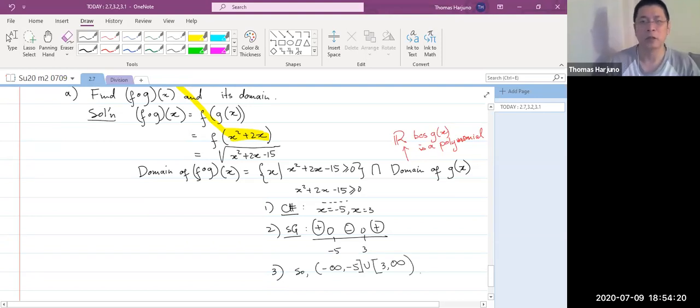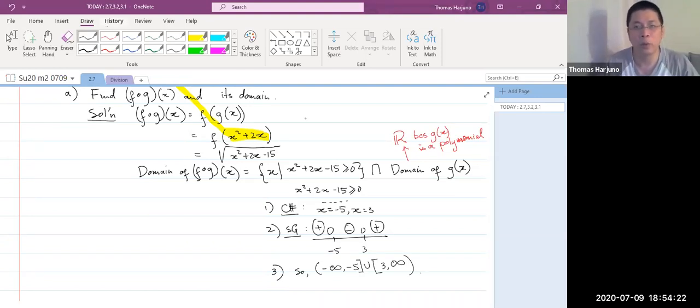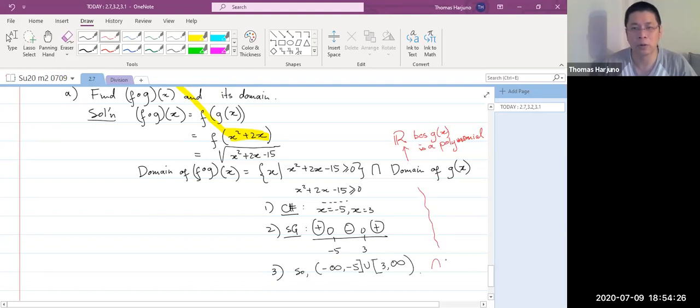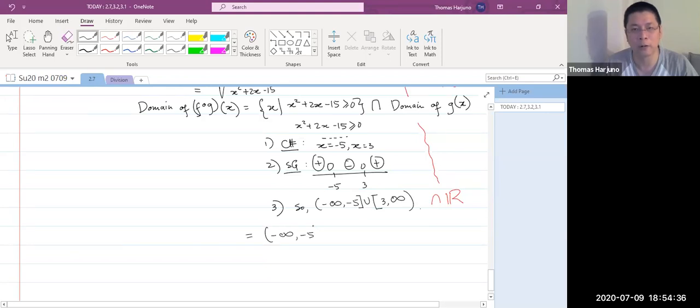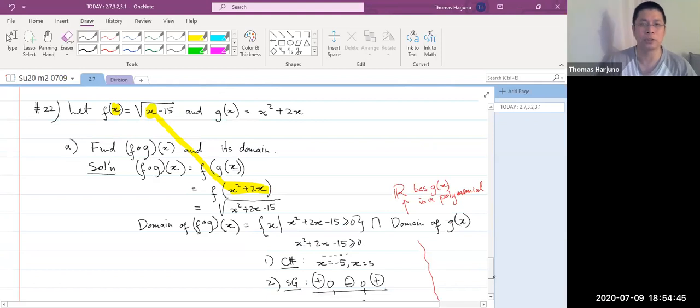Together with this, you intersect with all real numbers, so the domain of this function is just the same as the domain of that radical. That's for f compose g.